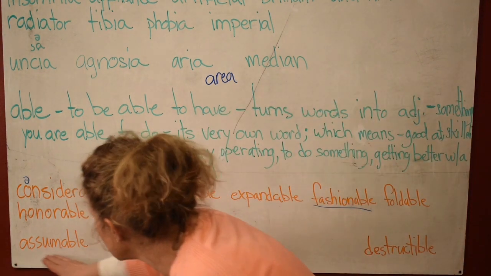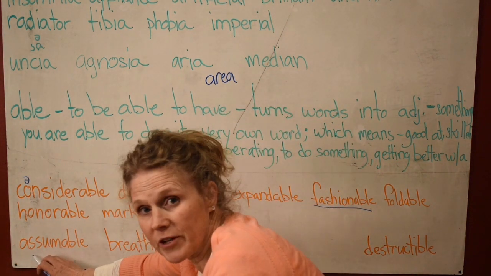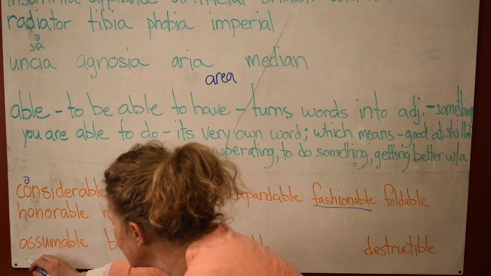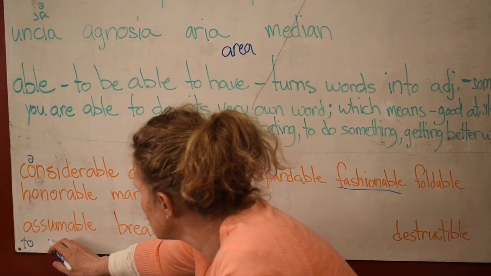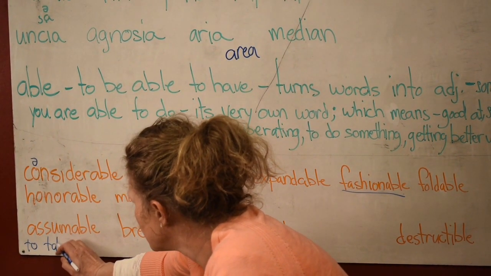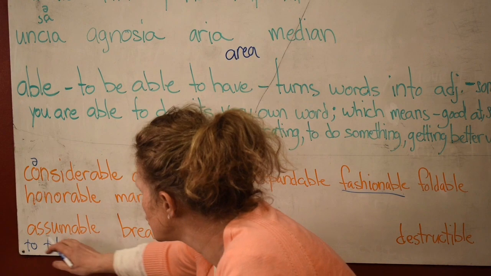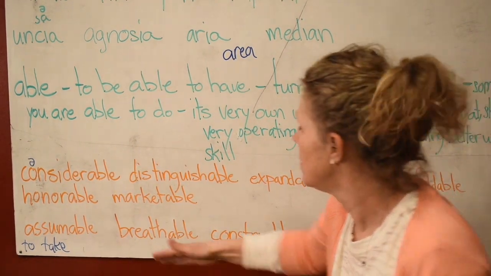So we have assumable. That means you have your prefix right here, and that means to. Do you guys remember that? And sume means to take. Assumable. You're assuming something. You're just taking somebody's opinion.